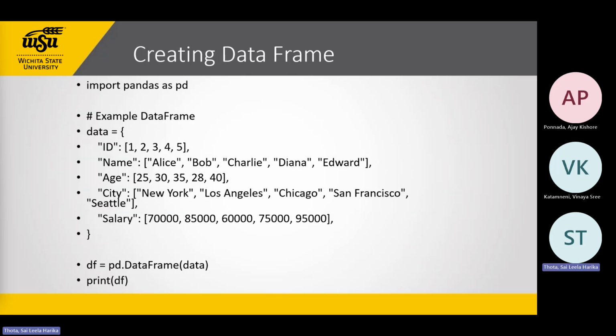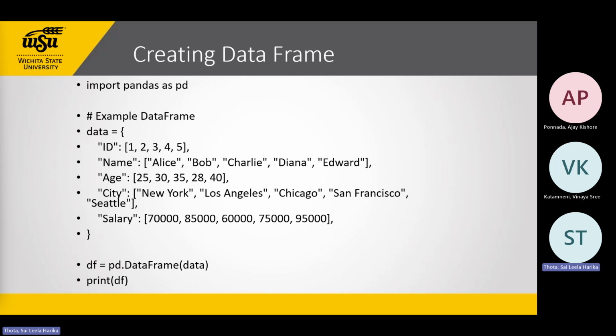Creating a data frame. Here we consider the data like ID, name, age, city, and salary. These concepts, you just listen and know what is what, and if you want to practice, you can practice after going home, or you can just leave it. It's fine.